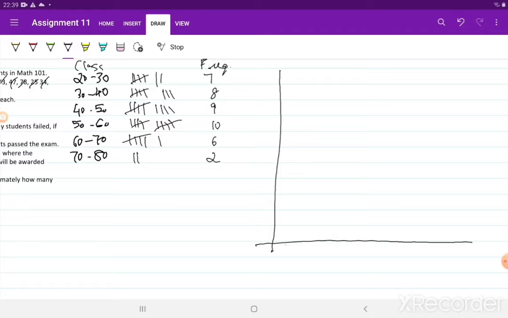Right, so 1, 2, 3, 4, 5, 6, 7, 8, 9, 10, where the first one is origin is 0, 10, 20, 30, 40, 50, and so on.